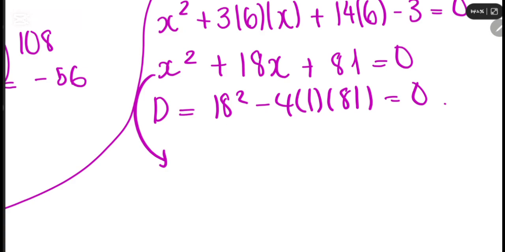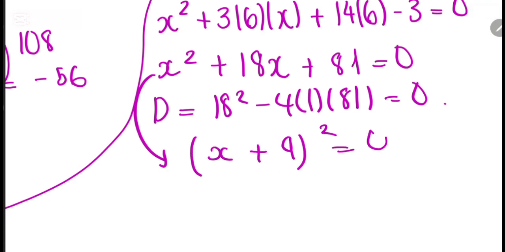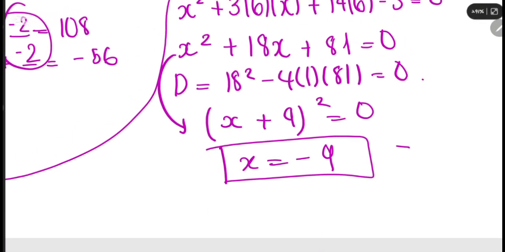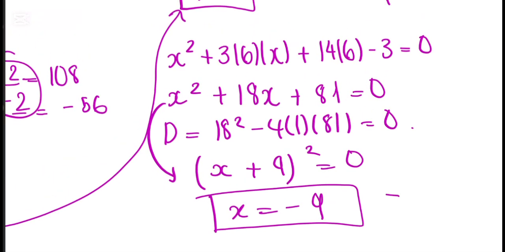Alright, so we can just factor it straight away to get x plus 9 squared equals 0, which means x equals negative 9. Right, because it's a perfect square trinomial. When there's only one solution, that means it's a perfect square trinomial.